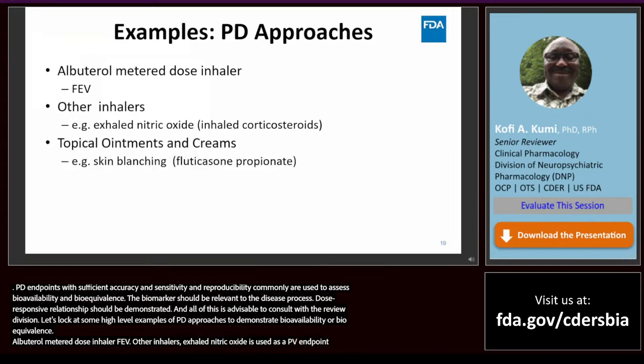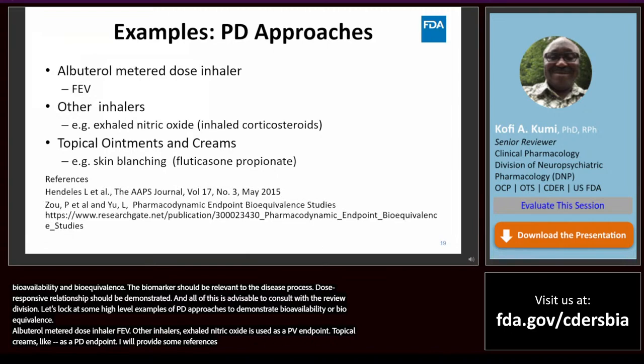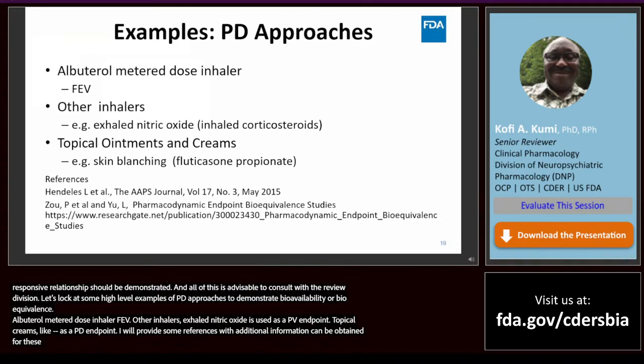Topical ointments and creams, for example, fluticasone propionate, where skin blanching is used as a PD endpoint. I've provided some references where additional information can be obtained for these PD endpoints that have been used to assess bioavailability and/or bioequivalence.